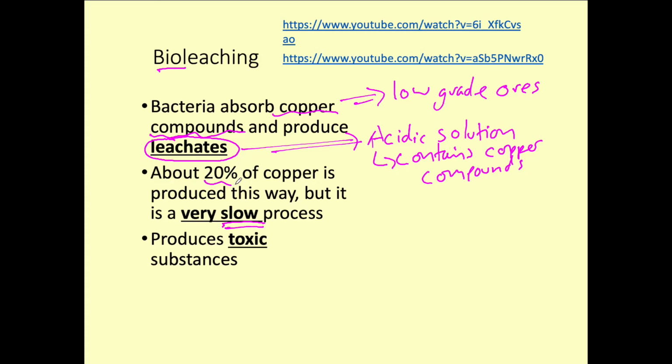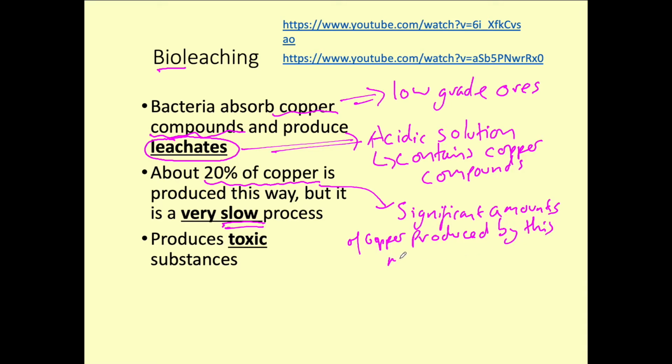But we do manage to actually produce 20% of our copper this way, so very advantageous to be able to extract significant amounts from low-grade ores, where there's not really much copper there, but significant amounts of copper are produced by this method, where it would take a lot of energy and resources to otherwise extract that low-grade ore.